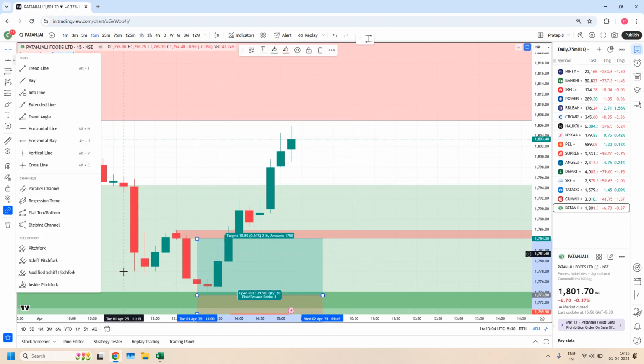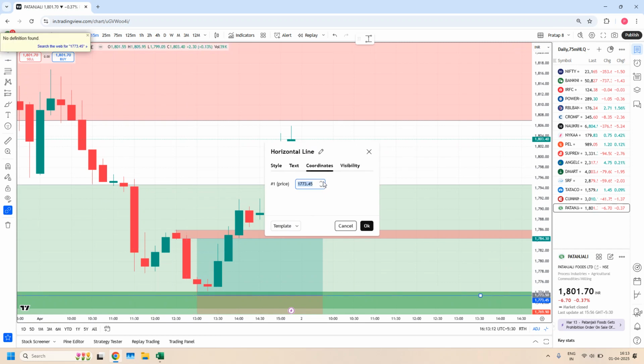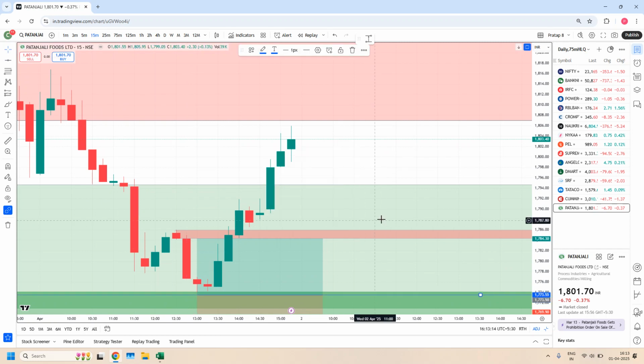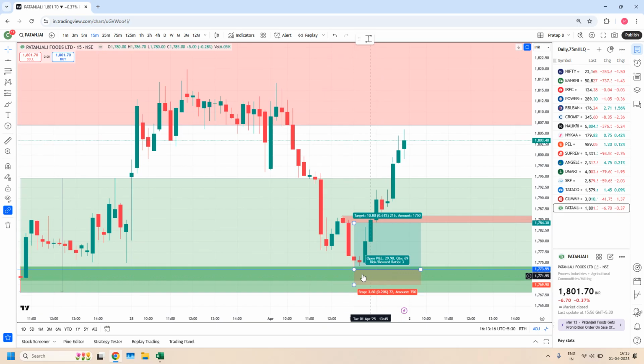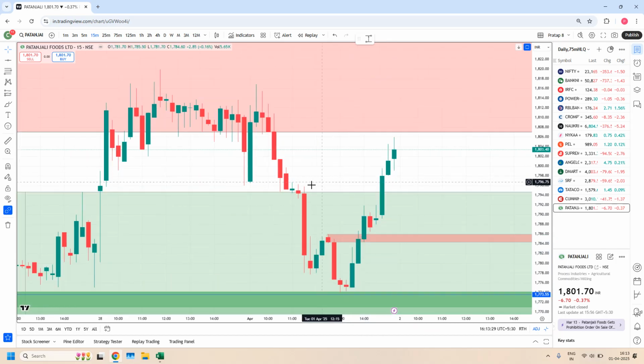Let me draw a horizontal line at that point. 1773.55 paisa. Okay, exactly that is our entry. You get 1:3 RR up to this 15 minute target. Let me delete this tool. Which tool? Long position tool. I'm deleting it. Now you see clearly.